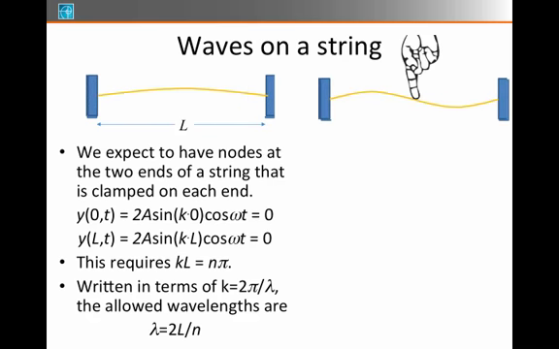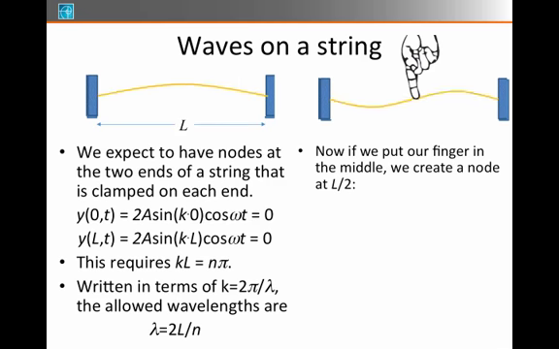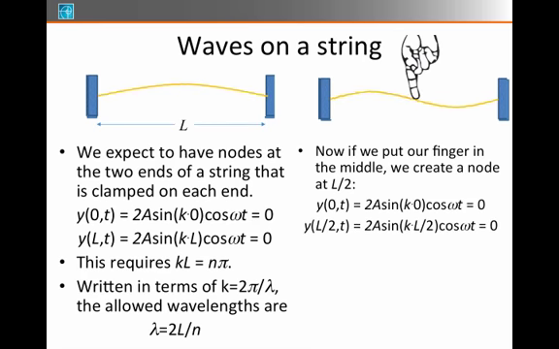There are variations on this. We can try to imagine what if we put our finger down in the middle of the string, just like we do when we play the guitar. Well, this creates something similar, except we have to put an additional node. We have to have a node at L over 2. So in addition to saying y of 0 has to be 0, we have to have y of L over 2 is 0, and y of L is equal to 0.